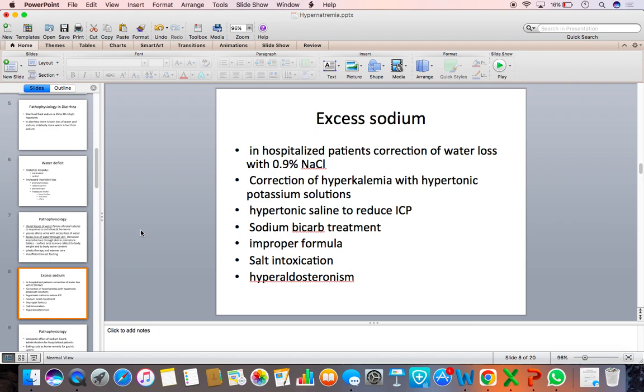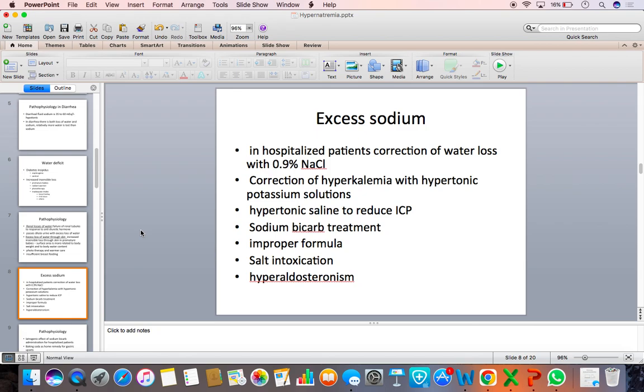And patients treated for hyperkalemia with hypertonic potassium solutions again results in hypertonicity. When patients with raised intracranial pressure are treated with hypertonic solution, it again results in hypernatremia.